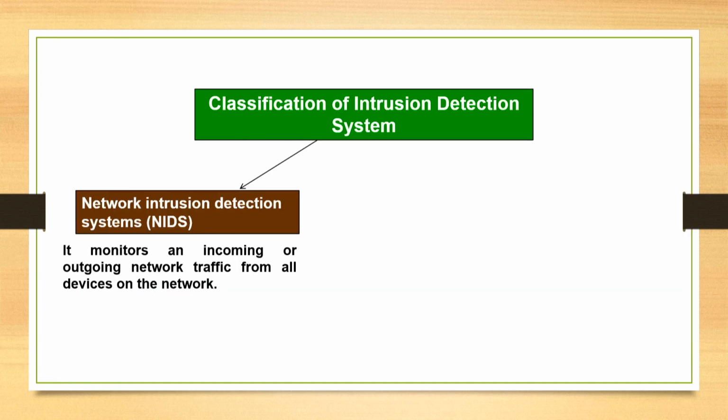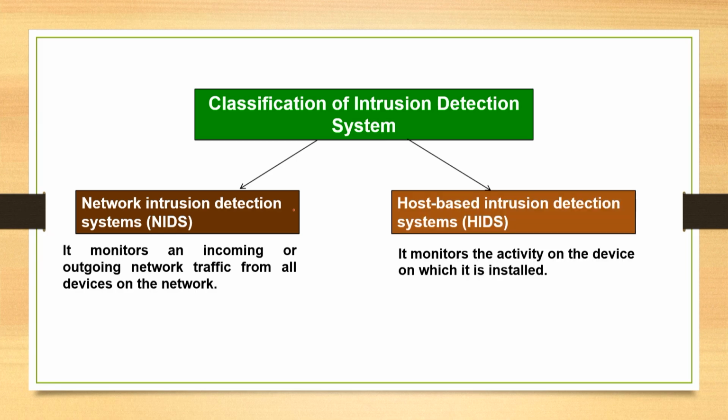Intrusion detection systems can be classified into two types. First one is a network intrusion detection system. It monitors incoming or outgoing network traffic from all devices on the network, whereas HIDS, the host based intrusion detection system, monitors the activity on the device on which it is installed.